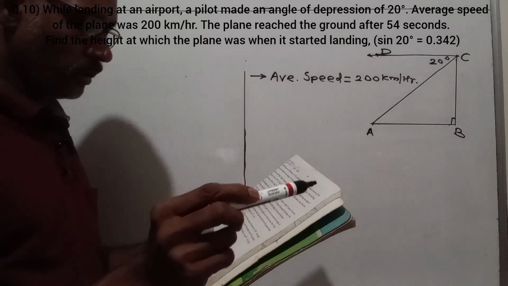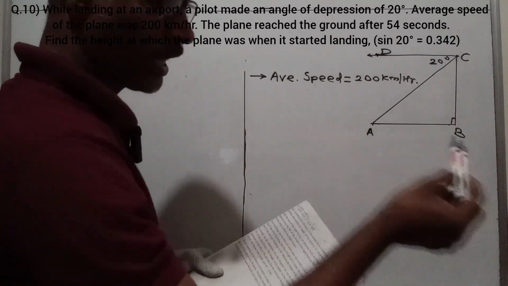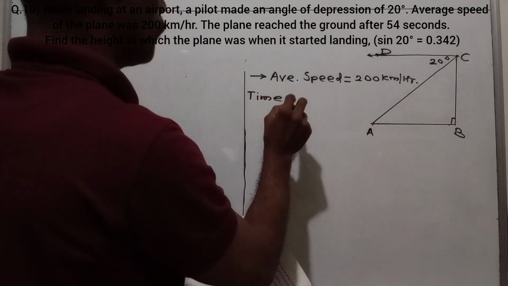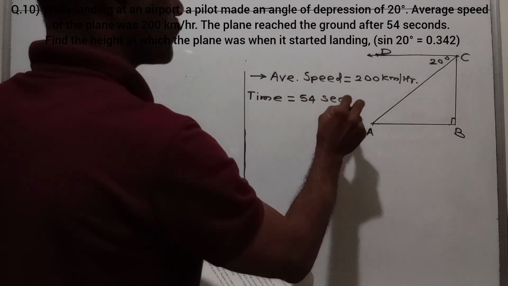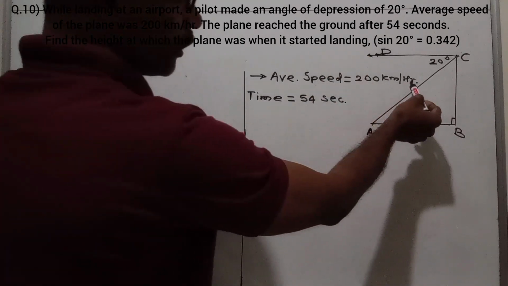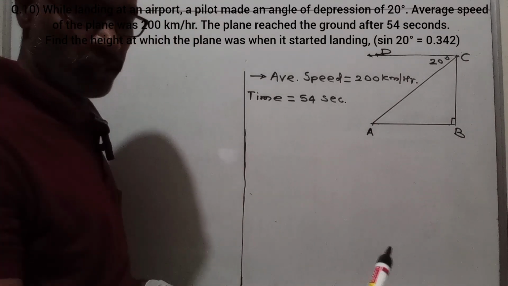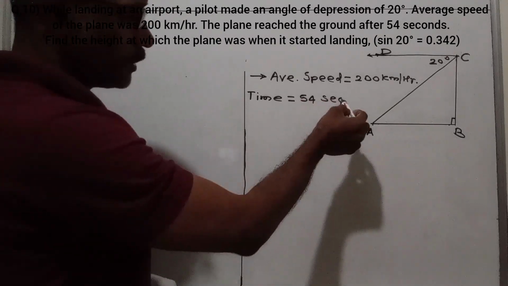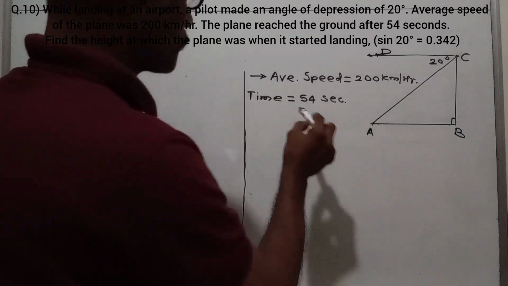The plane reached the ground after 54 seconds. Time is given 54 seconds. Now here hours and these are in seconds. So we convert time, that is in seconds, into hours.